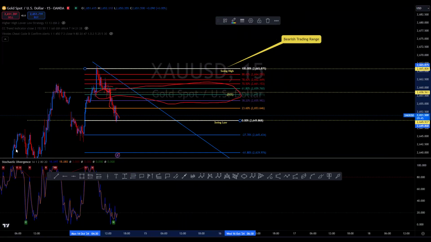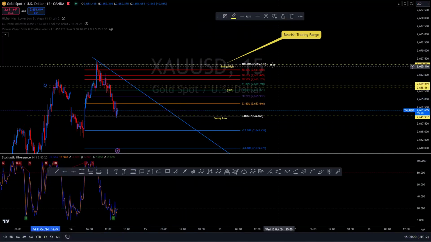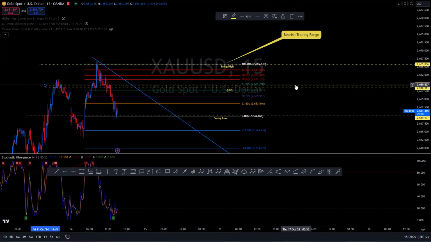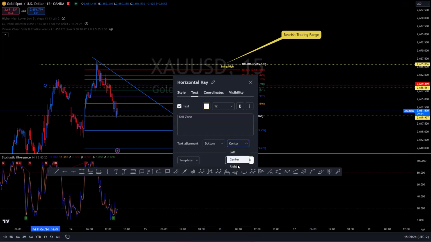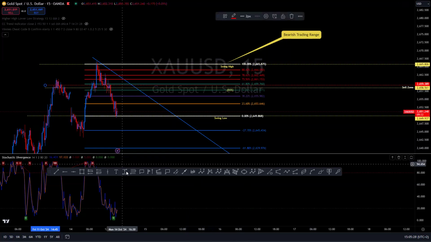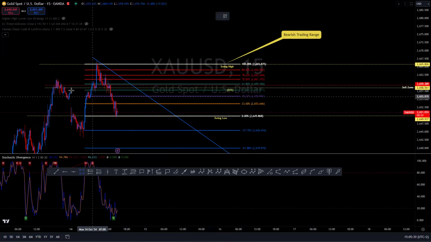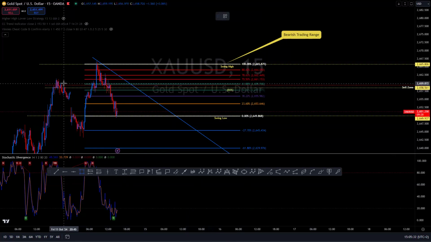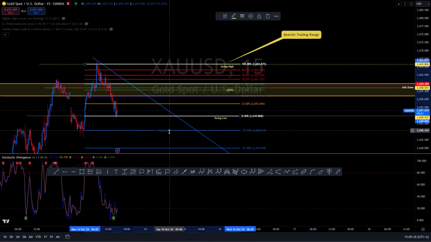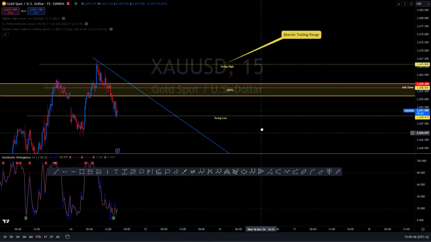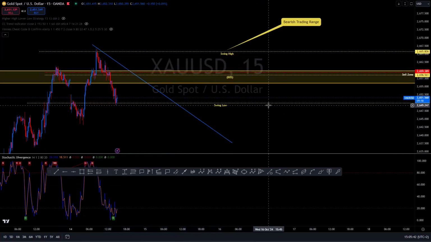So let's go ahead and mark that up as well. This is going to be a pullback point. So now we have that idea where a pullback point is.